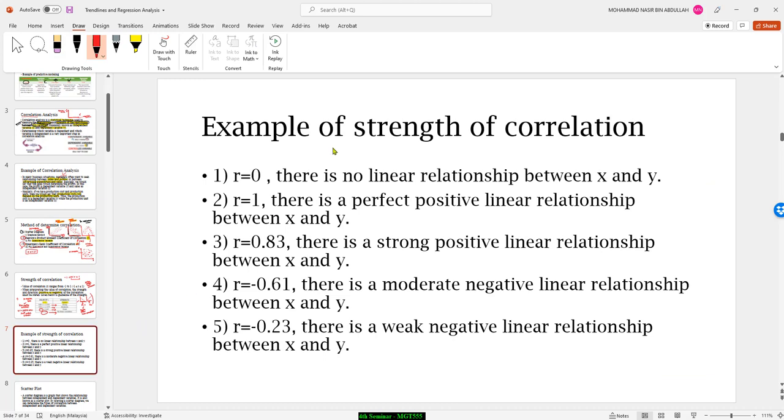Right. So kita tengok example of strength of correlation. So kalau kita tengok dekat sini, R is equal to 0 means that there are no linear relationship between X and Y. Right.